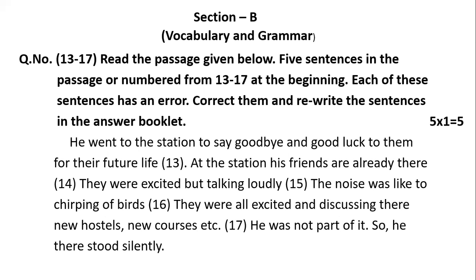But the 13th one, you have to put section B, question number 13, and you have to write the whole sentence. At the station, his friends were already there. Okay, children? So, here the error was past tense and present tense.